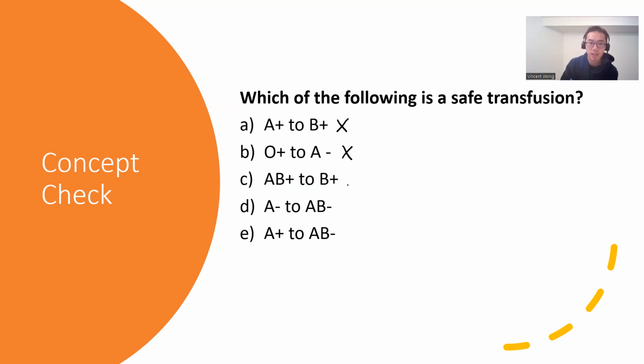AB positive to B positive is not safe because AB cannot give to B. The B person has anti-A in them. A negative to AB negative, that's okay. There is no antibody in AB to reject the A. Negative can be given to negative. And then last one is not okay. Even though A can give to AB, positive cannot give to negative.